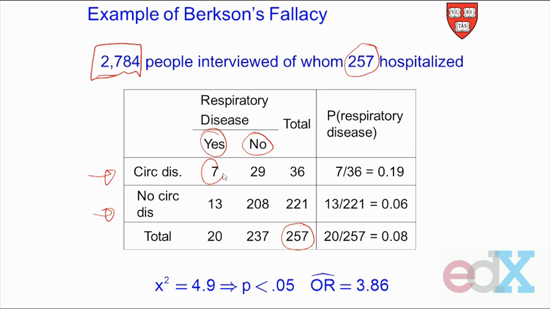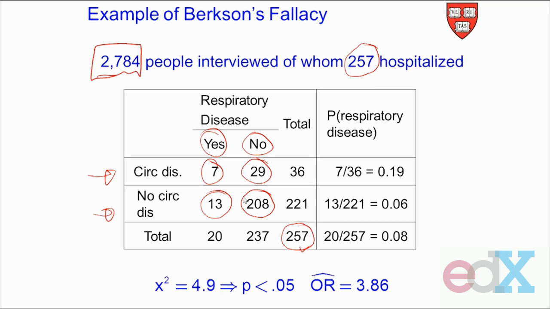There were 7 of those 257 who had both circulatory and respiratory, 29 who did not have the respiratory but did have a circulatory, 13 who had the respiratory, no circulatory, and 208 who had neither.